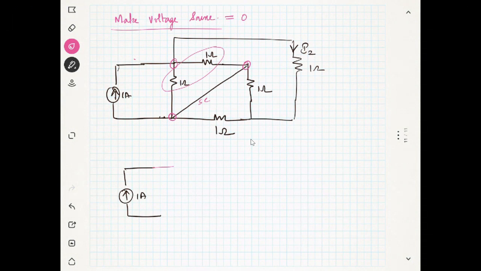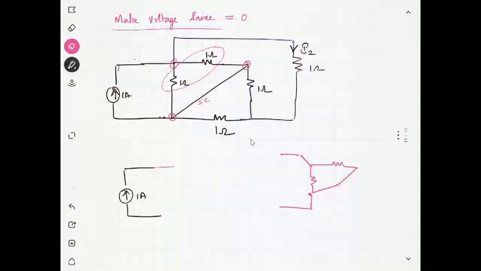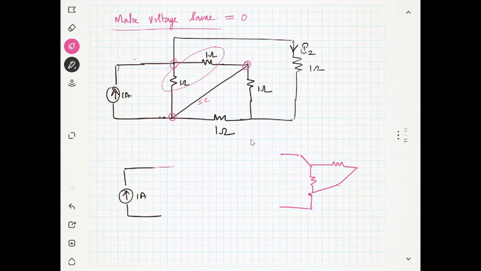There are 3 parts connected in one node. How could it be parallel? It's like this. Is it parallel or not between 2 points? I am talking about these 2 points. Can I draw like this? The same thing?